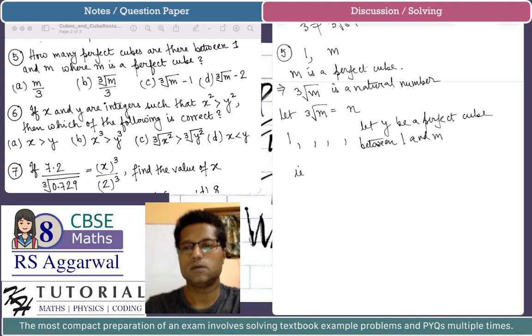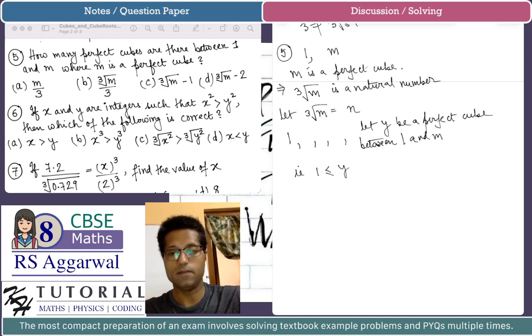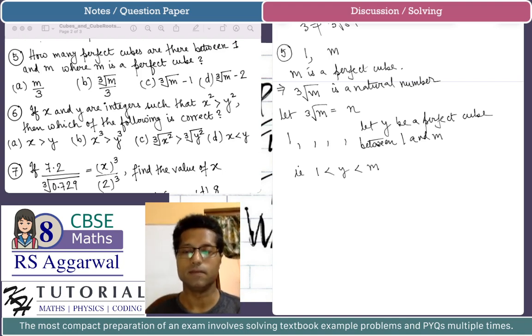That is, y lies between 1 and m, which means y is greater than 1 and less than m.